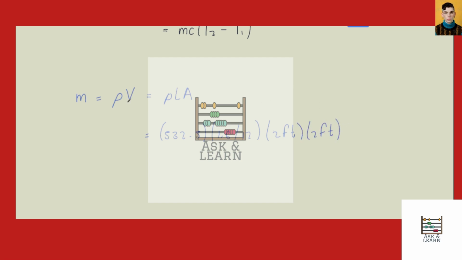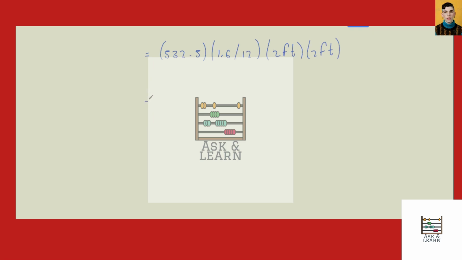And so this will give us the mass of the plates. So each individual plate is 284 pounds in mass.